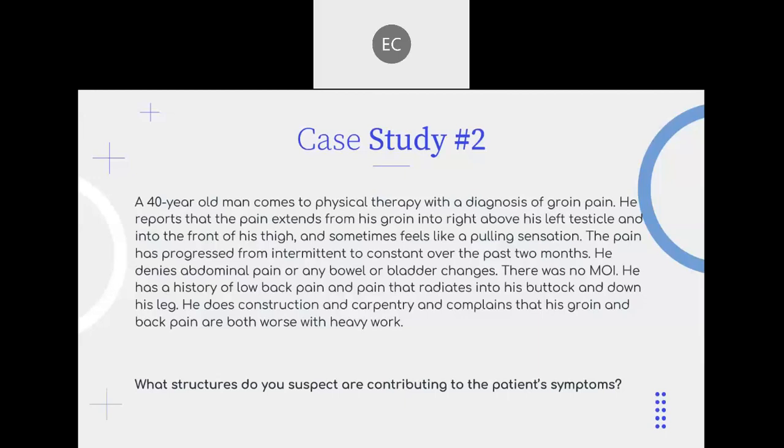Okay, next. What would your examination look like? What do you expect to find on the examination? More specifically, how would you check for those things?